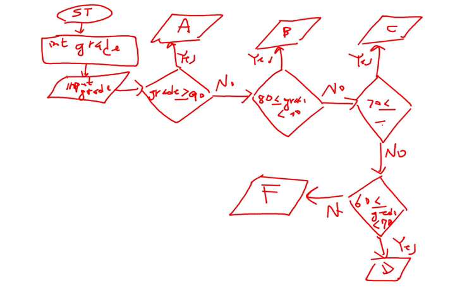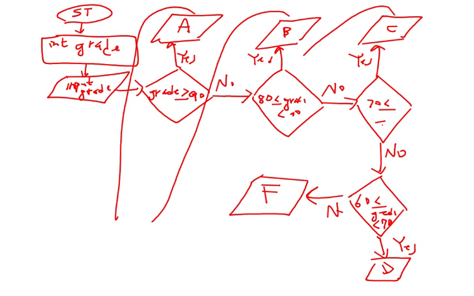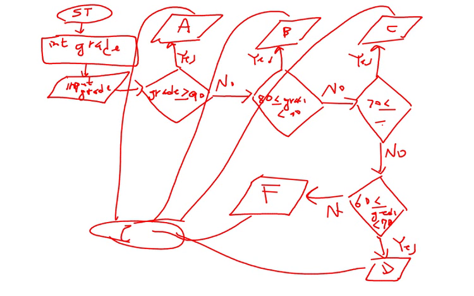And then all of these, once you print whether something was A, B, C, D, or F, that was the end of the program. Okay, it is a little messy, but hopefully you see what happened there.